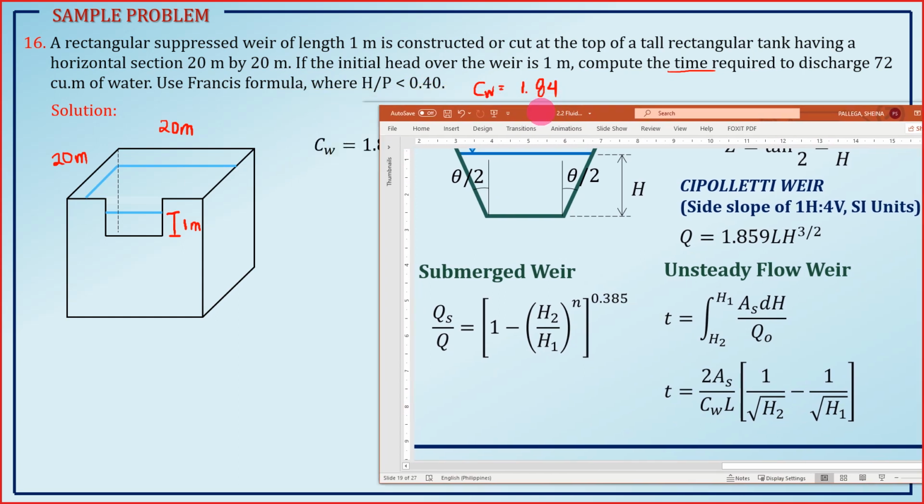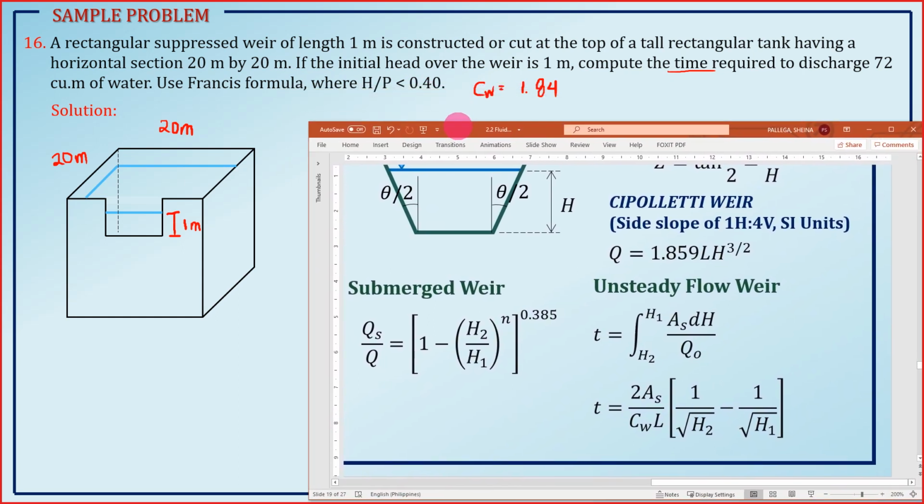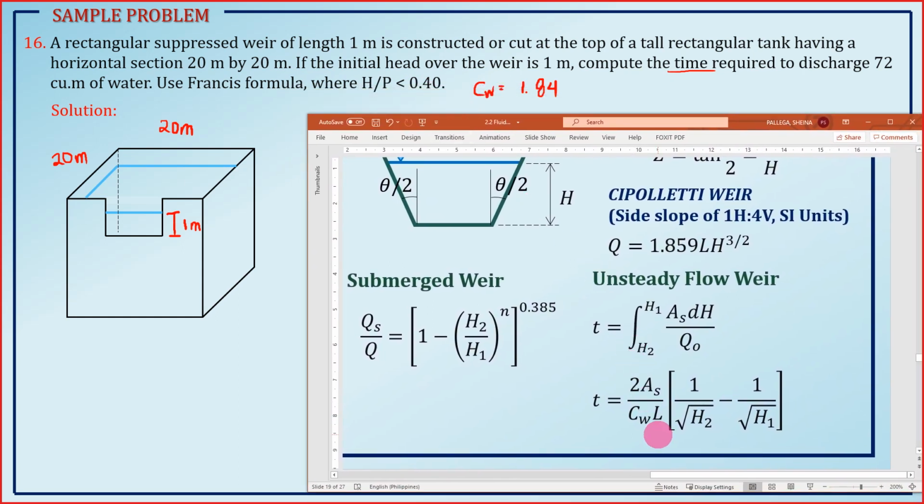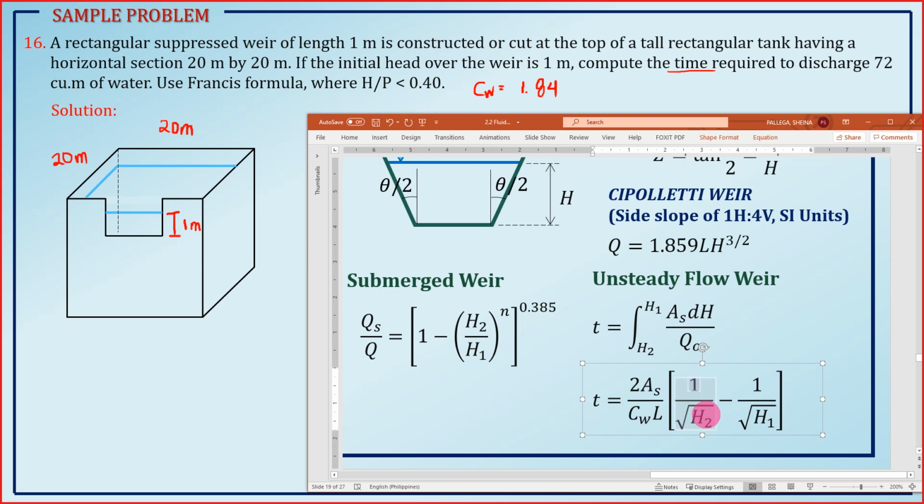So, tingnan natin kung ano yung mga value na meron tayo. So, CW meron tayo. Time, wala. Yun yung hinahanap. AS, meron naman tayo ditong equation for the area. And, do we have H2? Yung final head natin. Ayan.